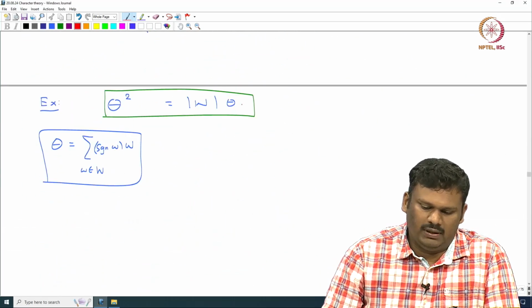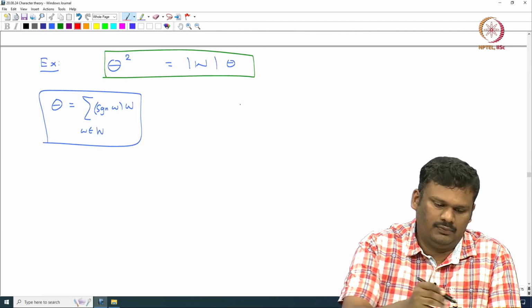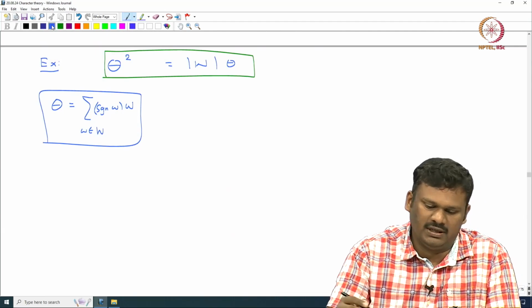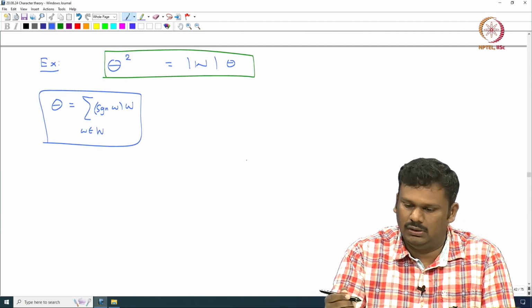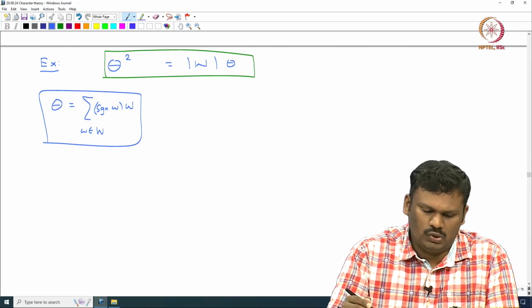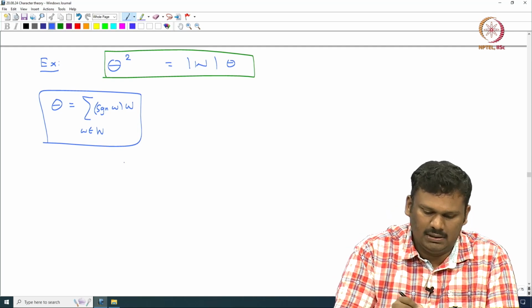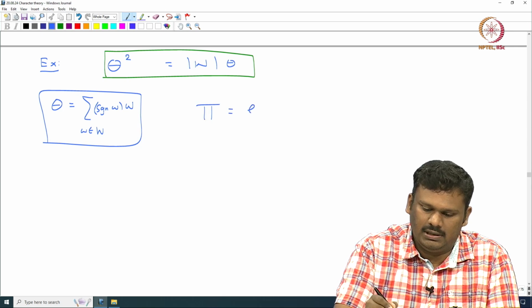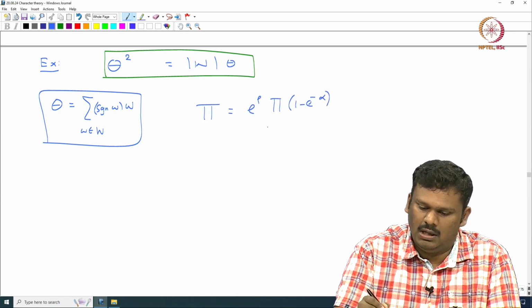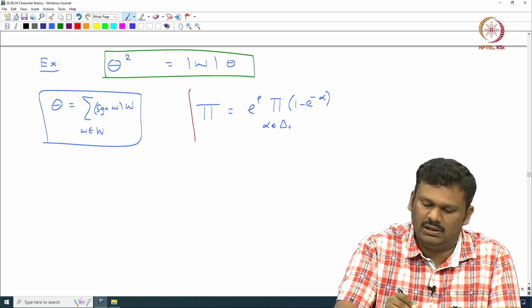So, it is enough to prove it on the generators, which are the simple reflections. So, let us do this simple calculation. You start with this pi. Recall pi is nothing but e power rho times the product of 1 minus e power minus alpha, alpha comes from delta plus. This is what we start with.